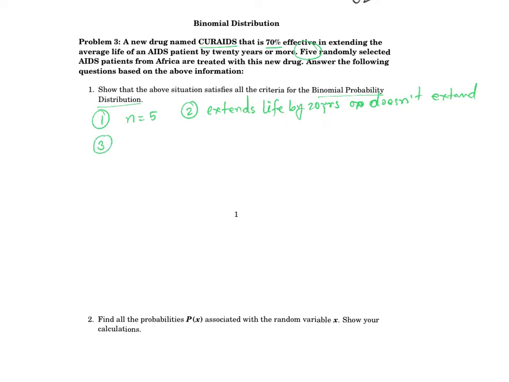Probability is constant for each patient, which is P is equal to 70% or 0.7. And number 4, trials are independent of each other, meaning independent trials.